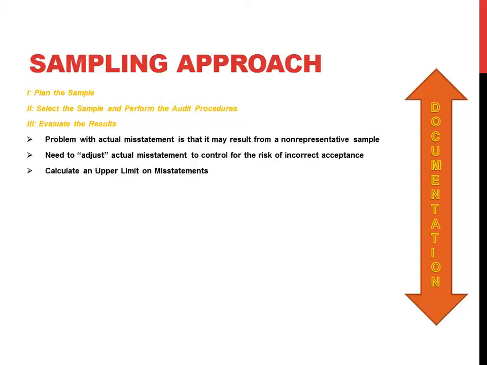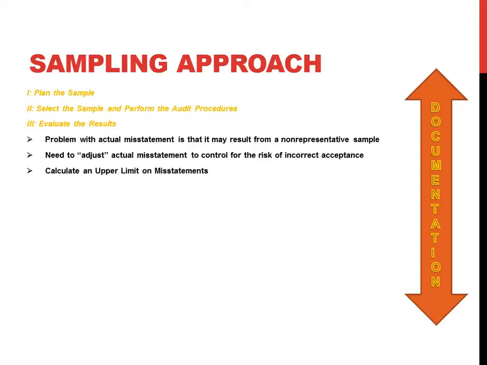Then we look at evaluating what's the problem with the actual misstatement. And we have to determine, do we have a representative sample? So this is where the auditor's judgment comes in. First of all, if you planned your sample correctly, you should have a representative sample.